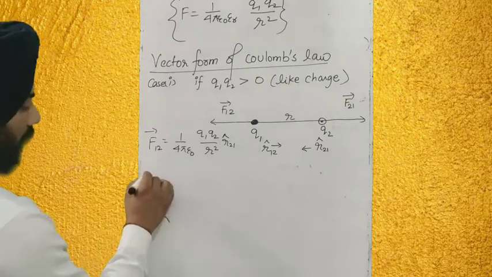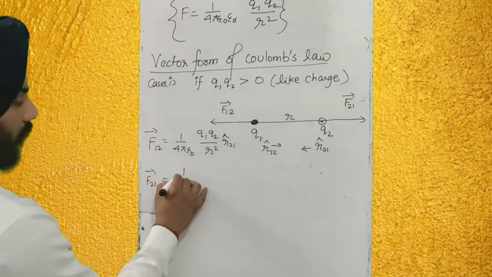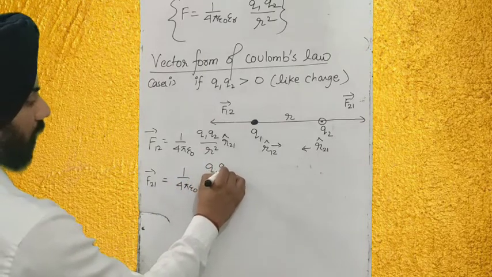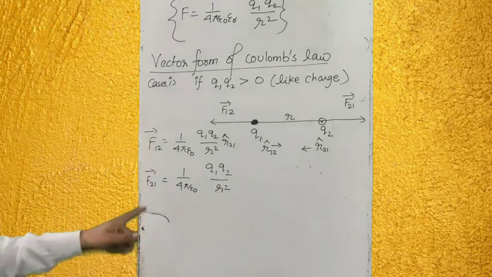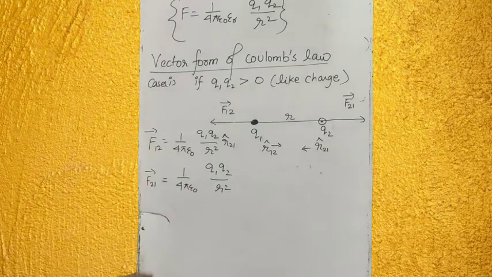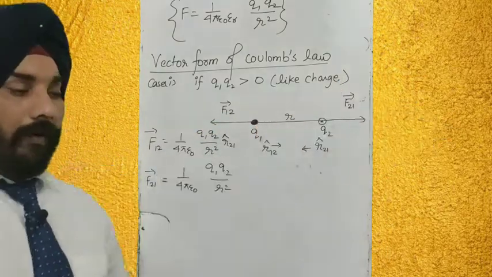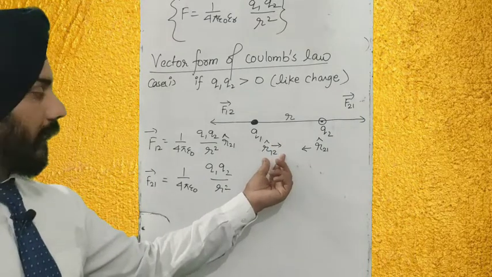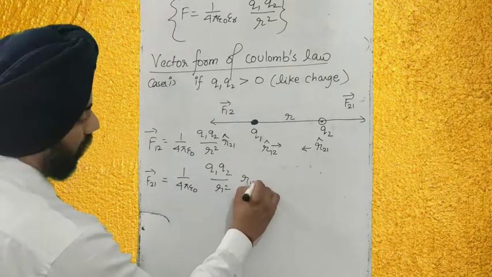Similarly, you can write F21 equal to 1 upon 4 pi epsilon naught Q1 Q2 upon R square. And to represent the direction of F21, that is moving from 1 to 2, away from 2, which unit vector is showing the direction? That is R12. So here we write the R12 unit vector.